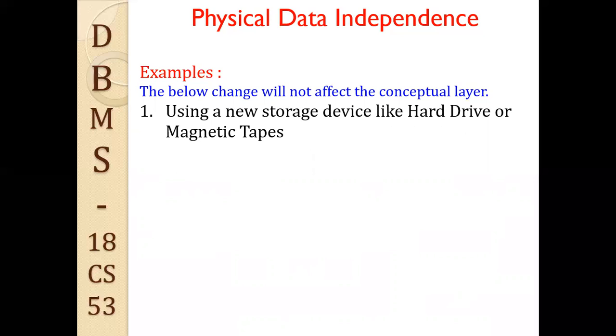Earlier you might have stored the data on a hard drive. Now you want to store the data on magnetic tapes. When you stored the data on the hard drive, during that time you gave some logical structure at the conceptual level. Now I will be changing the hard drive to magnetic tapes.